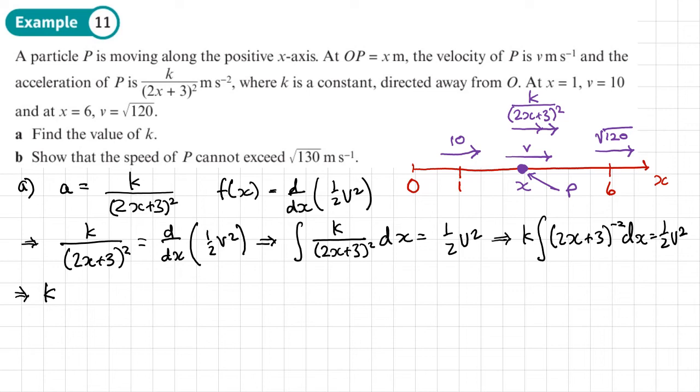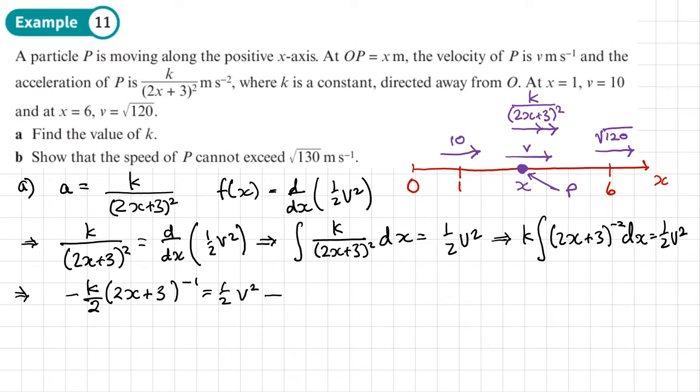So the power is going to become -1, and I'm going to be dividing by -1. So let's just put a negative in front of that k. The inside of the bracket doesn't change. And then we divide by the inside differentiated, so we need to divide by 2. So I'll just write this here as -k/2. And that's going to equal half v squared.